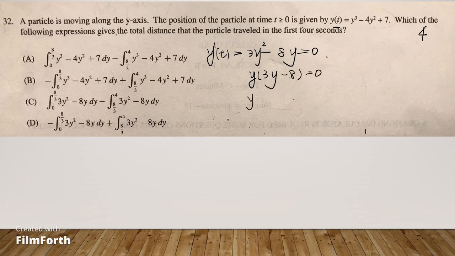So one solution is 0, another one is 8/3. So that means at time equals 0, the particle began to move, and the second time it changed direction is y equals 8/3, which is approximately 2.67.